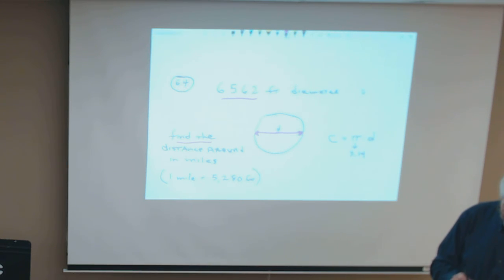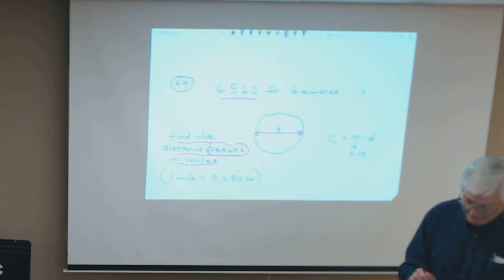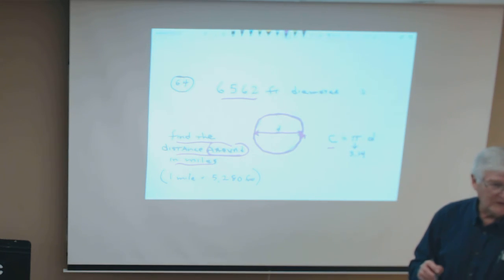Find the distance around in miles. Well, how would I find the distance around this thing? What is that distance called? Circumference. Do all of you know the formula for circumference? Circumference equals pi times the diameter. Well, the diameter is 6,562 feet.